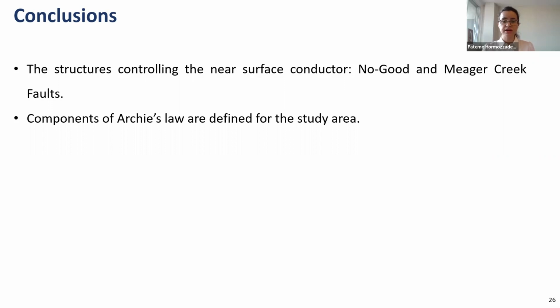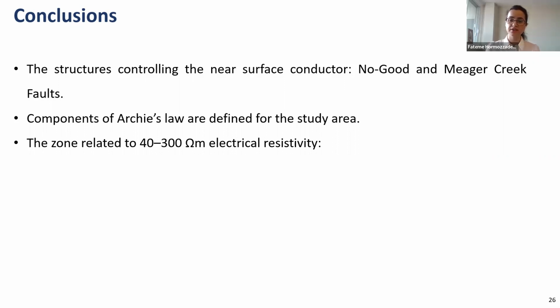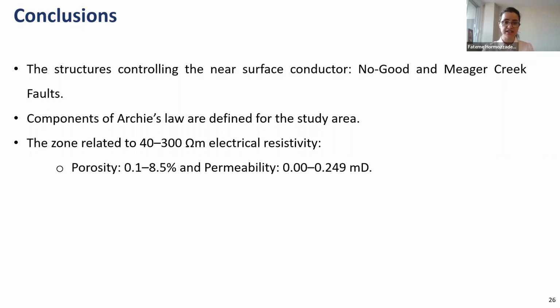We have also defined the components of Archie's law for our study area instead of just using the constant values in the literature. So we estimated the reservoir was related to an electrical resistivity of 40 to 300 ohm meter.